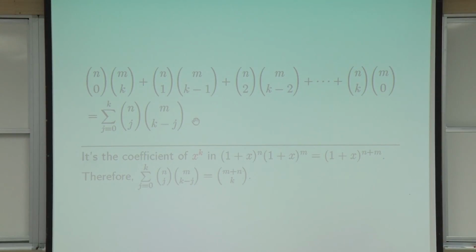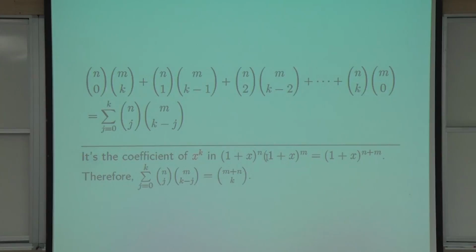This is the coefficient of x to the power k when we multiply 1 plus x to the power n and 1 plus x to the power n, which is 1 plus x to the power 2n. Therefore it should be obvious that the coefficient of x to the power k is 2n choose k.